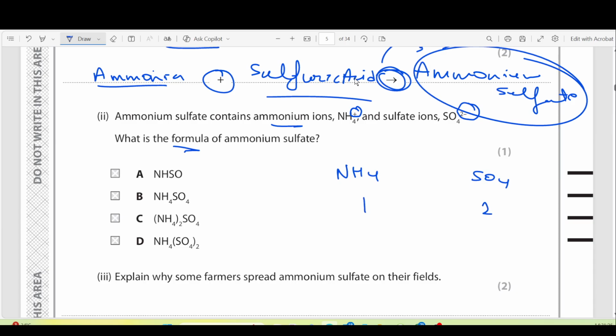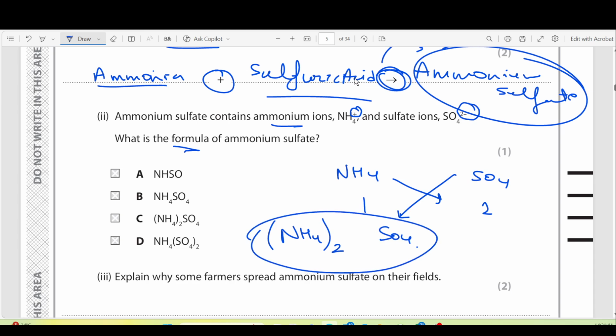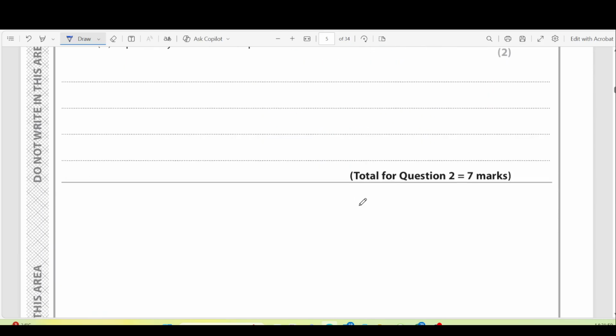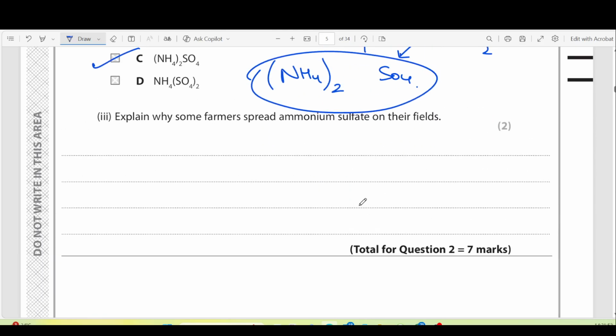It is 2 here for sulfate, right? I'm not putting charges because in the options there is no charge, so I just need these numbers. How do we make the formula? Just do cross multiplication. So NH4, and this 2 will go there, SO4, 1. We don't need to write 1. This is our formula, (NH4)2SO4. This is correct. Always put charges like this underneath them, cross multiply, and you get the formula.